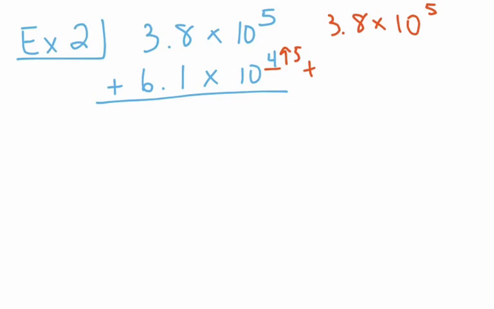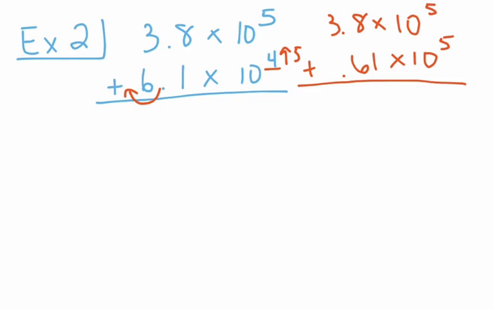And if my exponent becomes bigger, then my number out front needs to become smaller. So in order to make this smaller, I need to change that from a 6.1 to 0.61. My exponent gets bigger, so my number in front gets smaller. So I'm going to rewrite that as 0.61 times 10 to the 5th. I make sure that my decimals stay lined up.